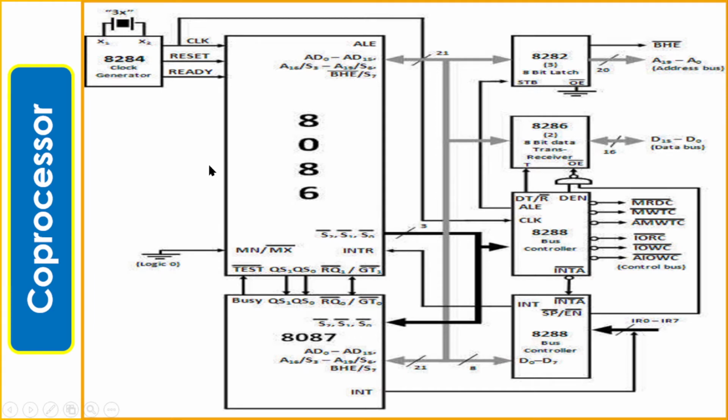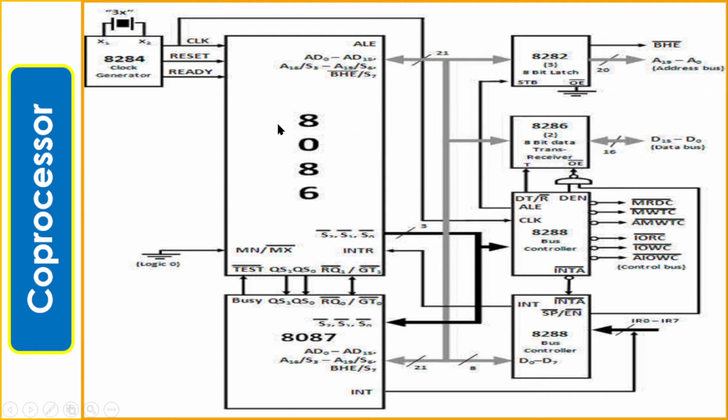Look at this diagram. It looks clumsy, but in the maximum mode configuration, we need these basic peripherals. Then only will the system be built and operated. That's why the 8284 clock generator, 8282 latch, and 8286 transceiver are common for any minimum mode or maximum mode.